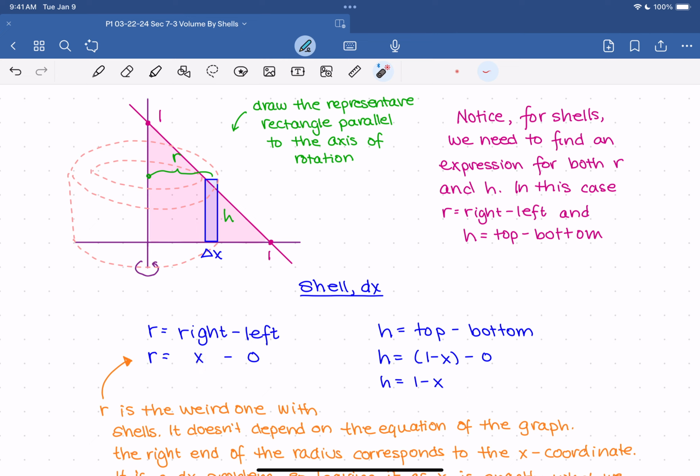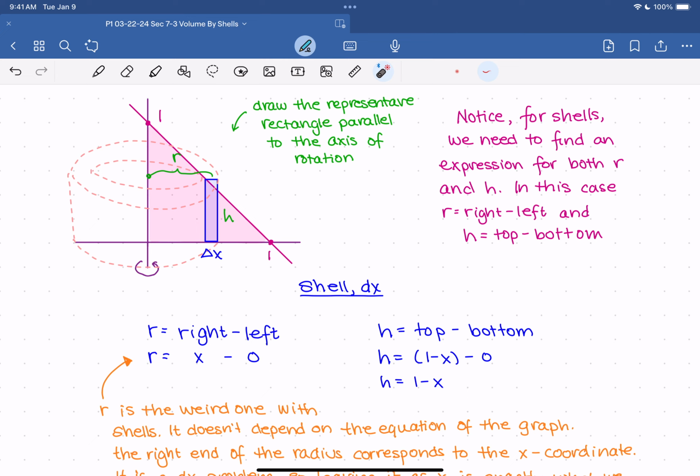Your radius is going to either have the right or the left, or if your radius is top and bottom, top minus bottom, it's always just going to be x or y for one of these. And then in this case, the left is always going to remain at x equals 0. So it's weird. It's just x.